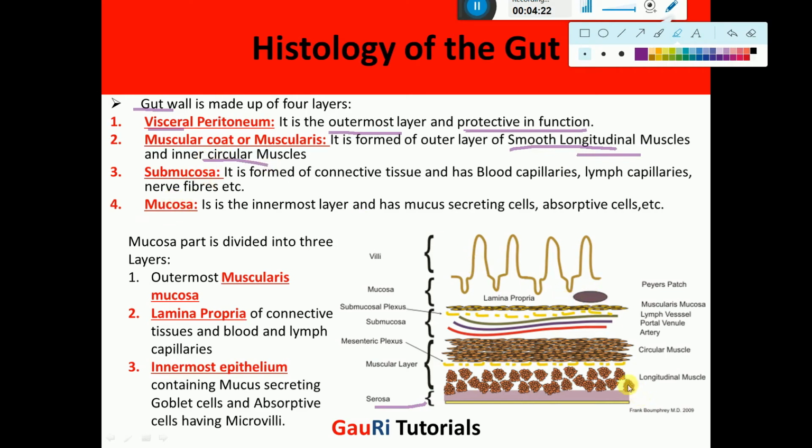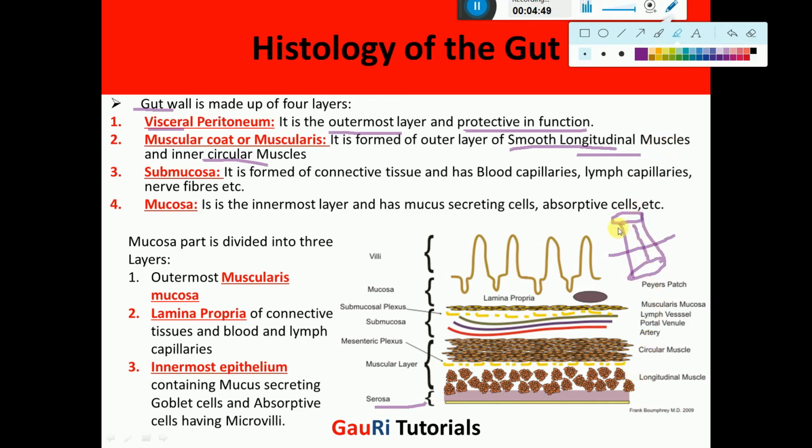These are the longitudinal muscles. This is the cross section. Suppose it is a cylinder like this and we are talking about the intestine. Longitudinal muscles are arranged in this manner, and when we cut the intestine like this, they do not appear like longitudinal lines; they appear circular when we cut them.